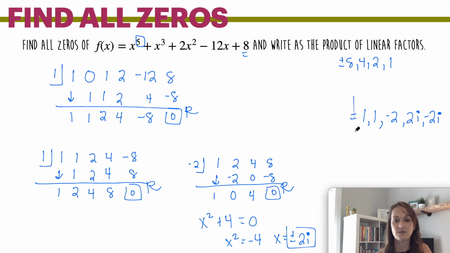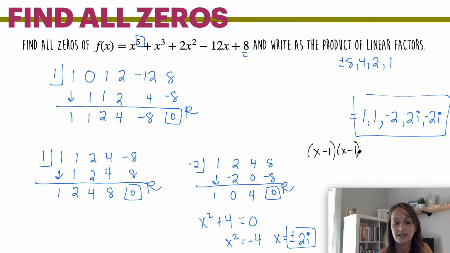This is the zeros. To find them as a product of linear factors, I'm going to take them, and if 1 is a 0, then x minus 1 was a factor. You change the sign. If 1 was a 0, x minus 1 again was a factor.